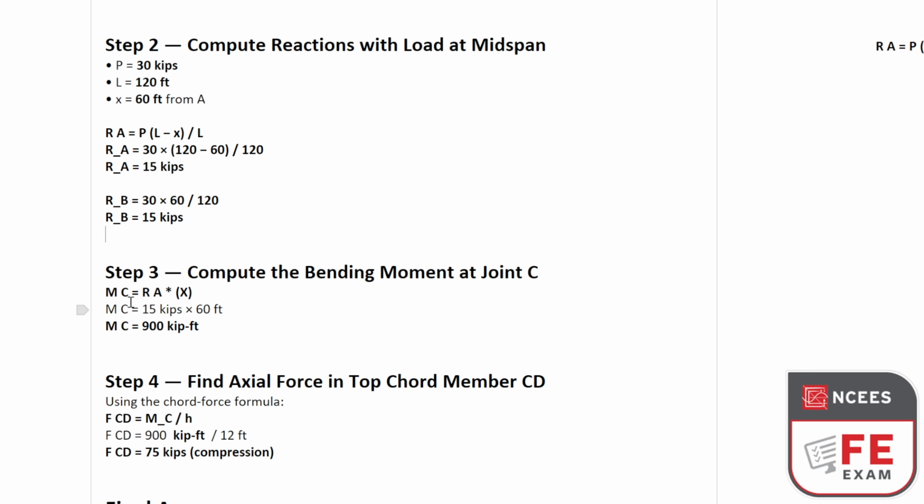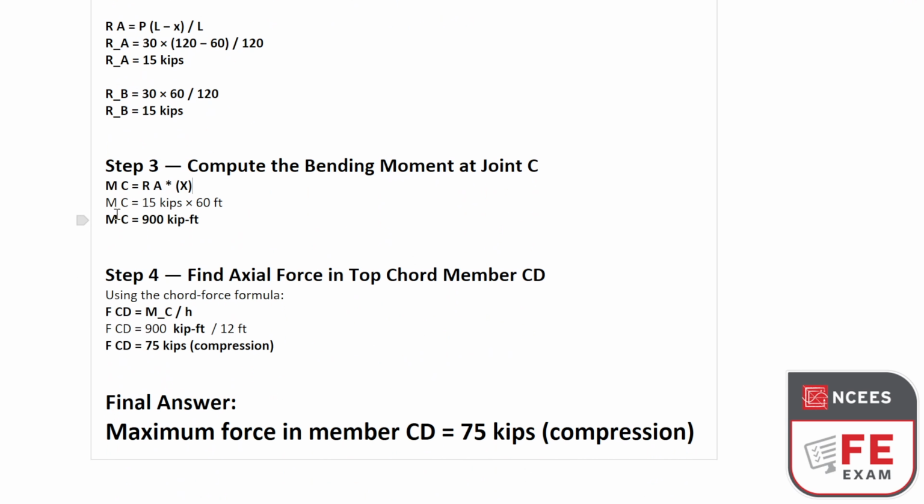Once you find these reactions, you will be able to find the maximum bending moment at C. MC is equal to reaction at A times the span X, which is nothing but 15 times 60. So maximum bending moment is 900 kip-feet.